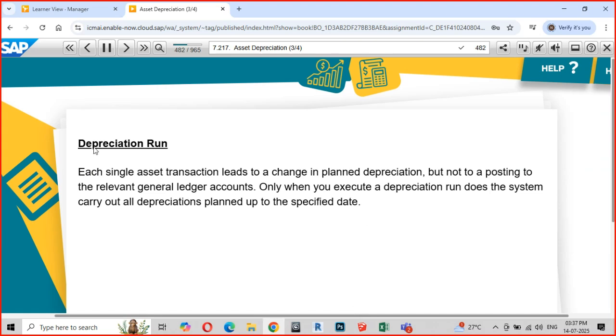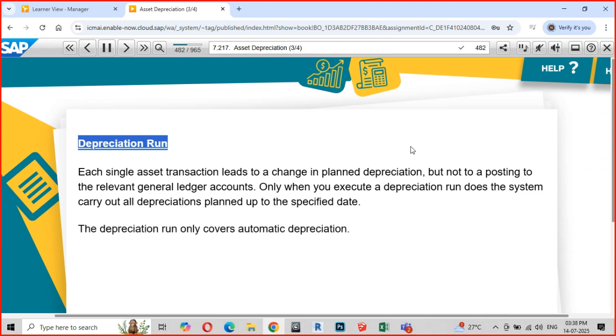This is one of the most critical things as far as your asset accounting is concerned. Your depreciation run. Something very similar to your automatic payment program, very similar to your dunning process.